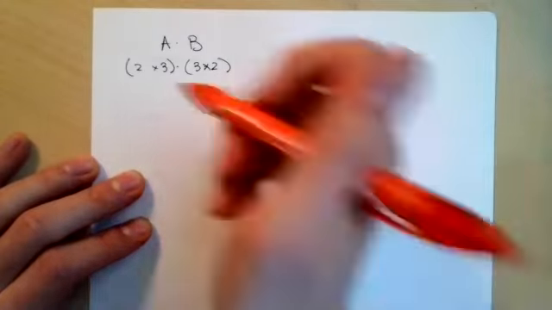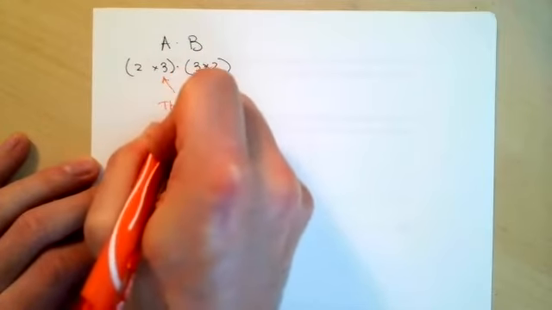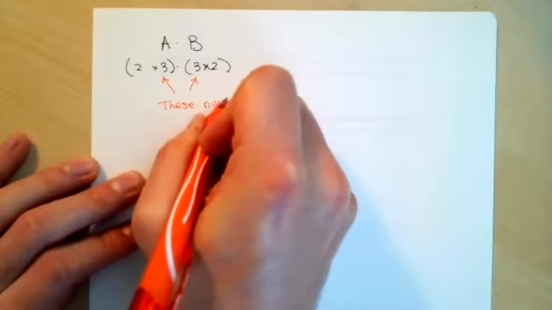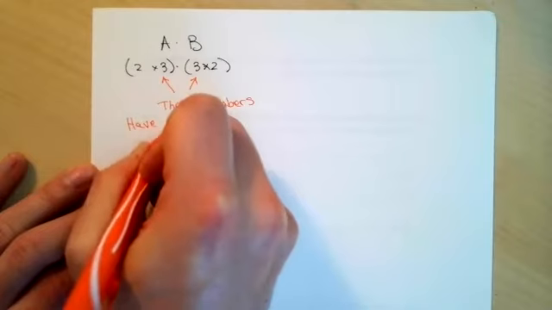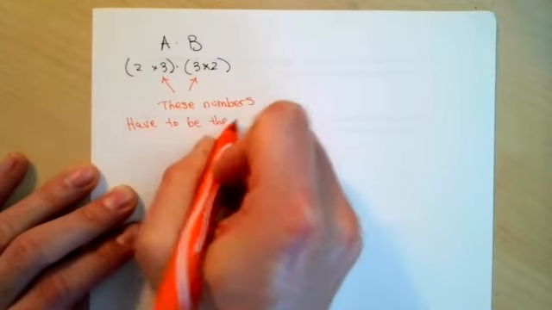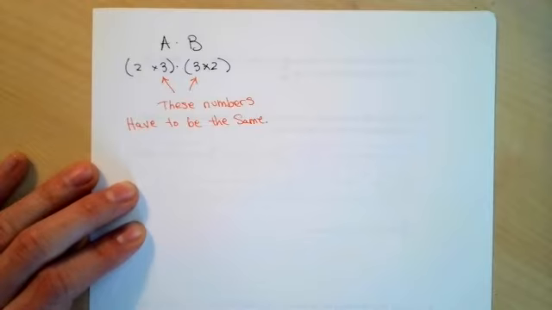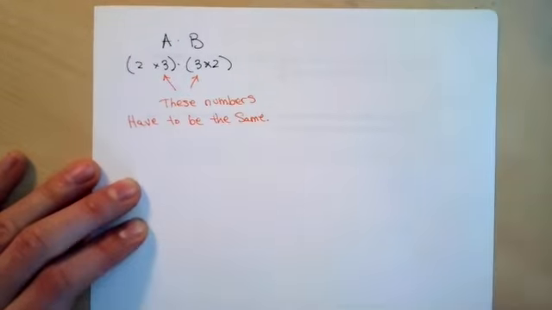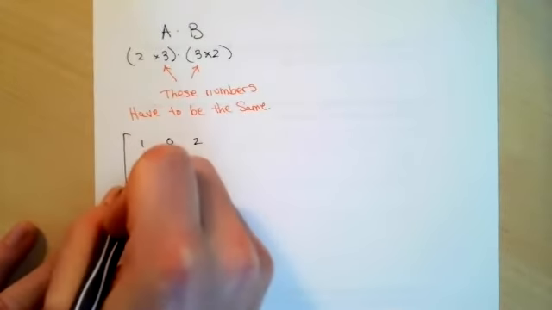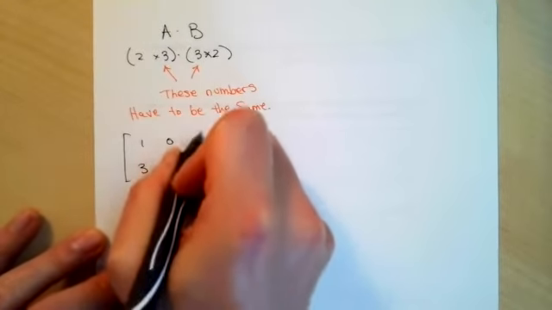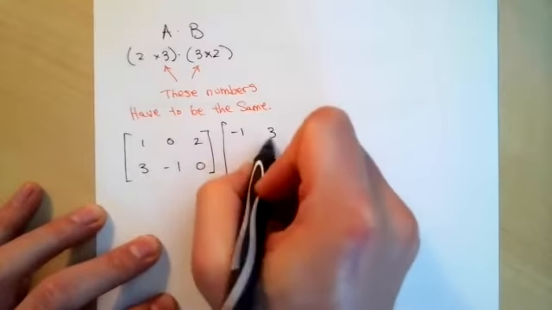So note these numbers have to be the same. And how we're going to multiply them is you're going to list them next to each other.